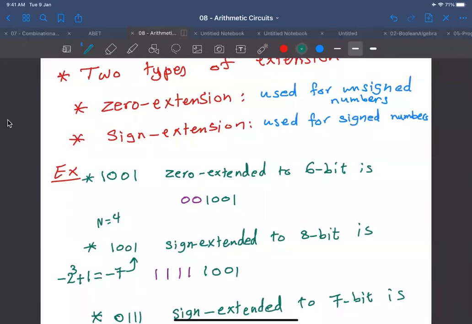What about this number here? All I'm saying is that the sign extension does not change the sign of the number. So this is going to be the positive part of the number. So what is that now?